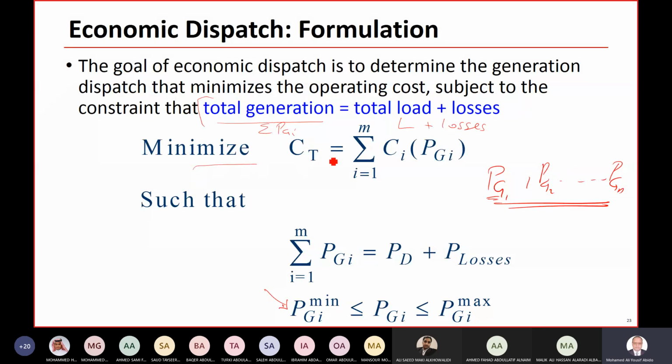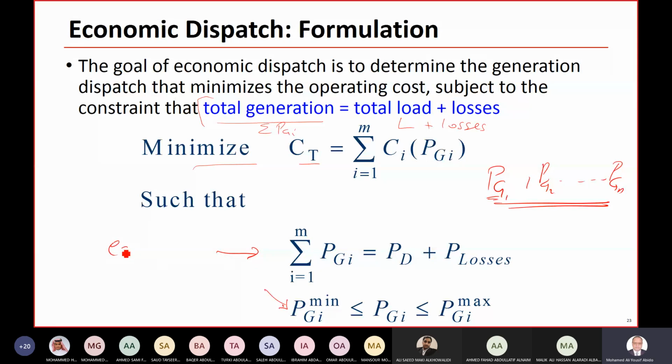You minimize the cost, and this cost is a function of PG, like a quadratic function that we discussed in the previous slide. So this is the cost as a function of PG, and these are the constraints.